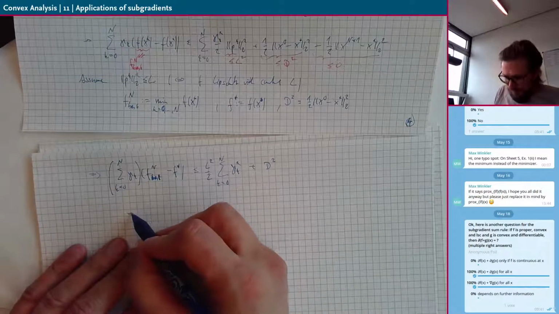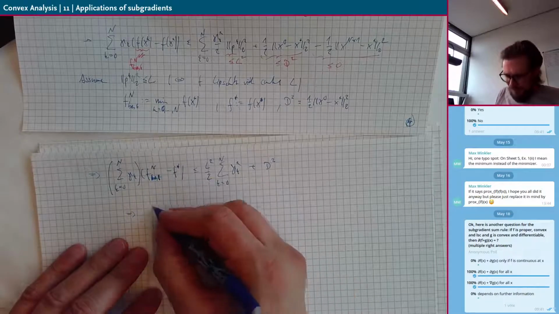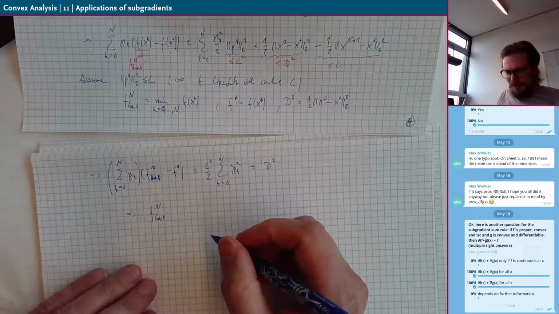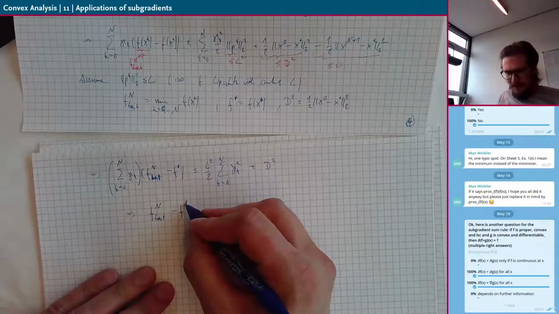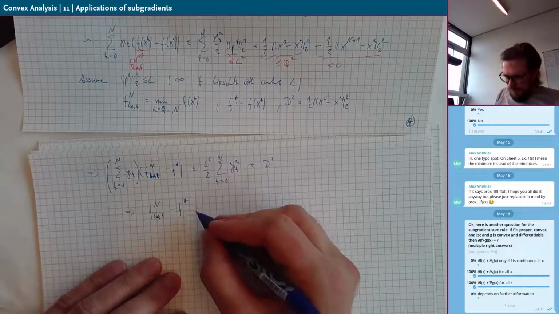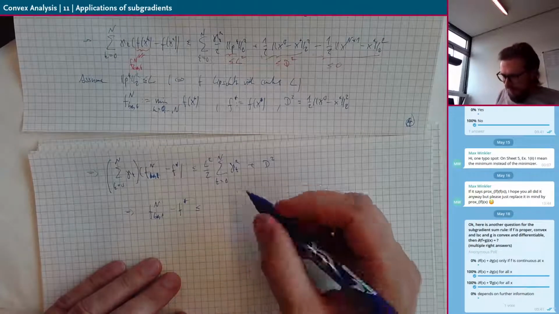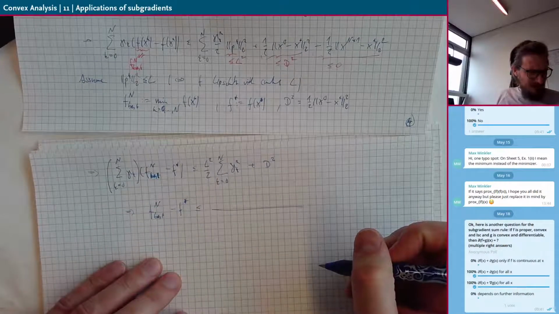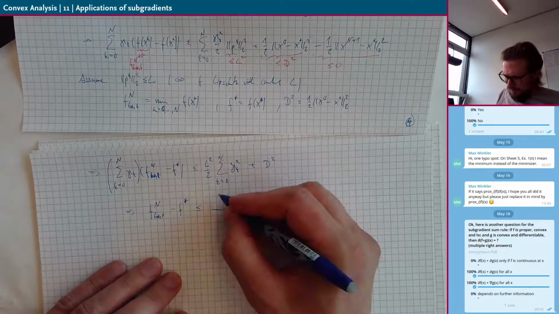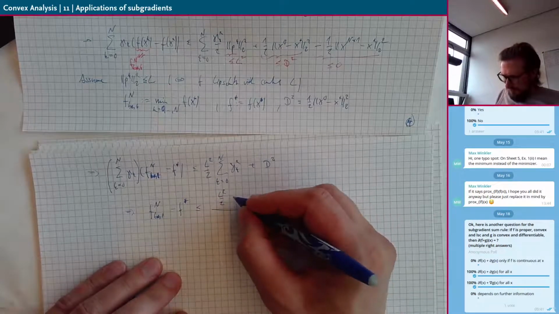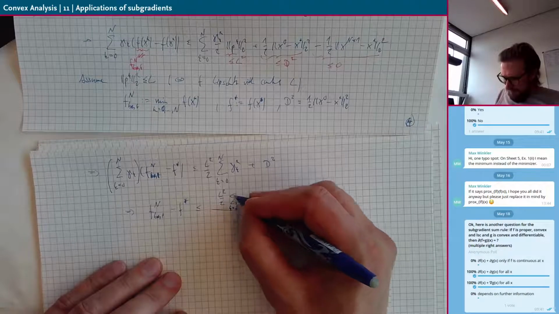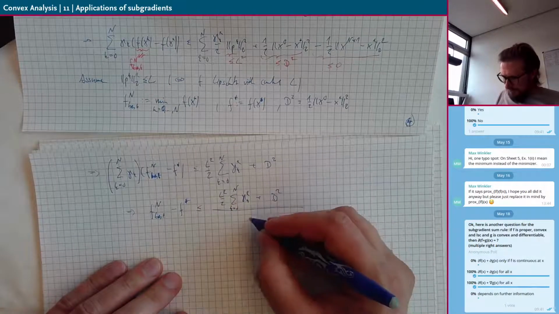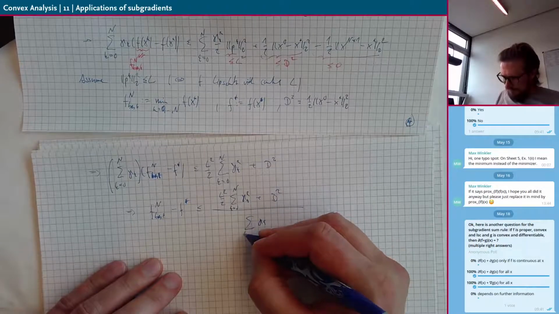What we get from this is an upper estimate for the difference between the best function value among the first n iterates and the optimal one. This can be estimated from above by dividing by the sum of the step sizes. There's a severe typo here in the handout and in the lecture notes, which I'm going to correct: the sum from k equals 0 to n of gamma k squared plus d squared, divided by the sum of the step sizes.